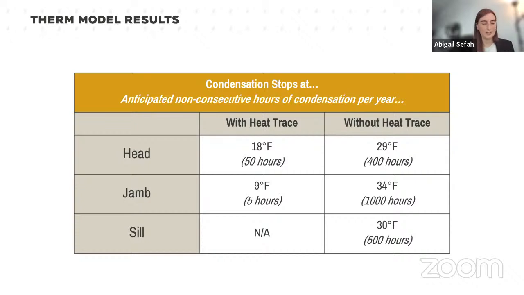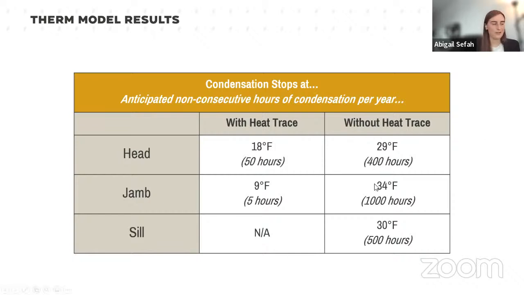And in Washington, DC, where this project was, the temperature is below 29 degrees Fahrenheit for about 400 hours each year. So basically, when the temperature is below 29, we expect that dew point isotherm to reach the interior surface and there to be condensation.